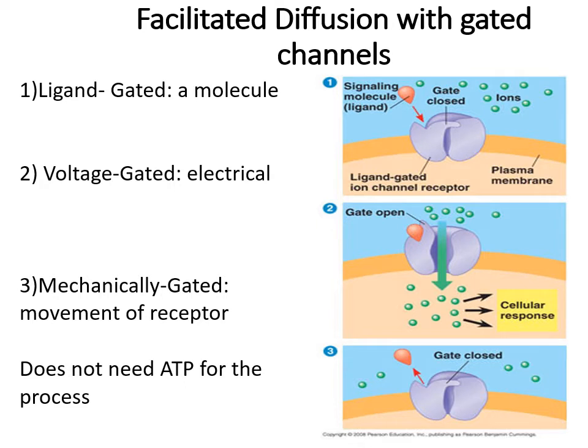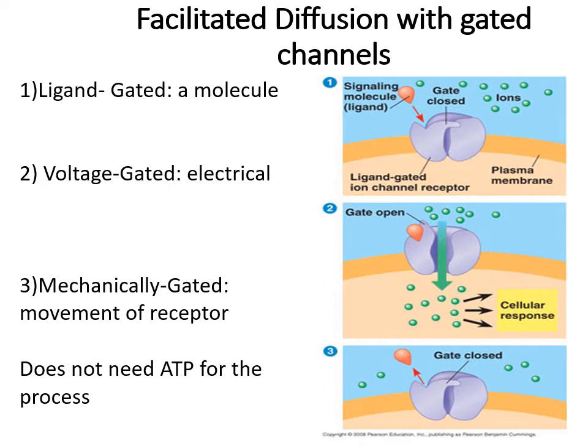So they can be ligand gated, meaning a molecule needs to attach to the protein and then open up the protein to allow the molecules to come across. Or voltage gated, meaning there needs to be some kind of an electrical current, a stimulus that then opens the transmembrane protein to allow molecules across.